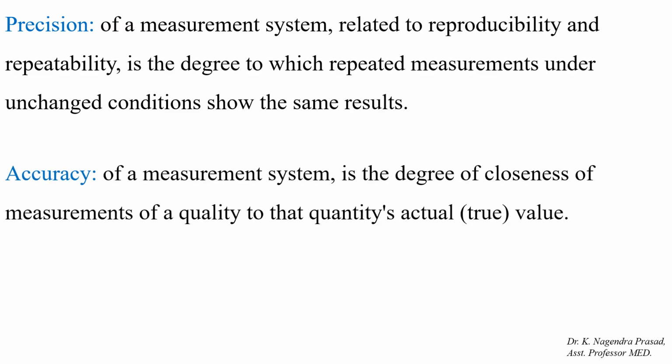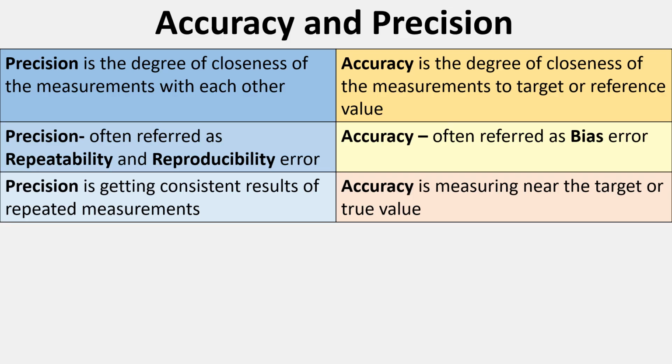But accuracy of a measurement system is the degree of closeness of measurements of a quantity to that quantity's actual value. So next we see the differences between accuracy and precision. Precision is the degree of closeness of the measurements to each other.